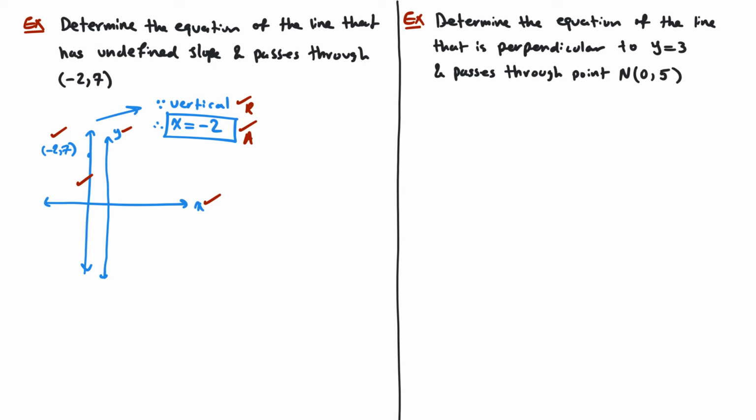Now, this question over here says determine the equation of the line that is perpendicular to y is equal to 3 and passes through point N (0, 5). So I am going to draw out or sketch my x and y axes.